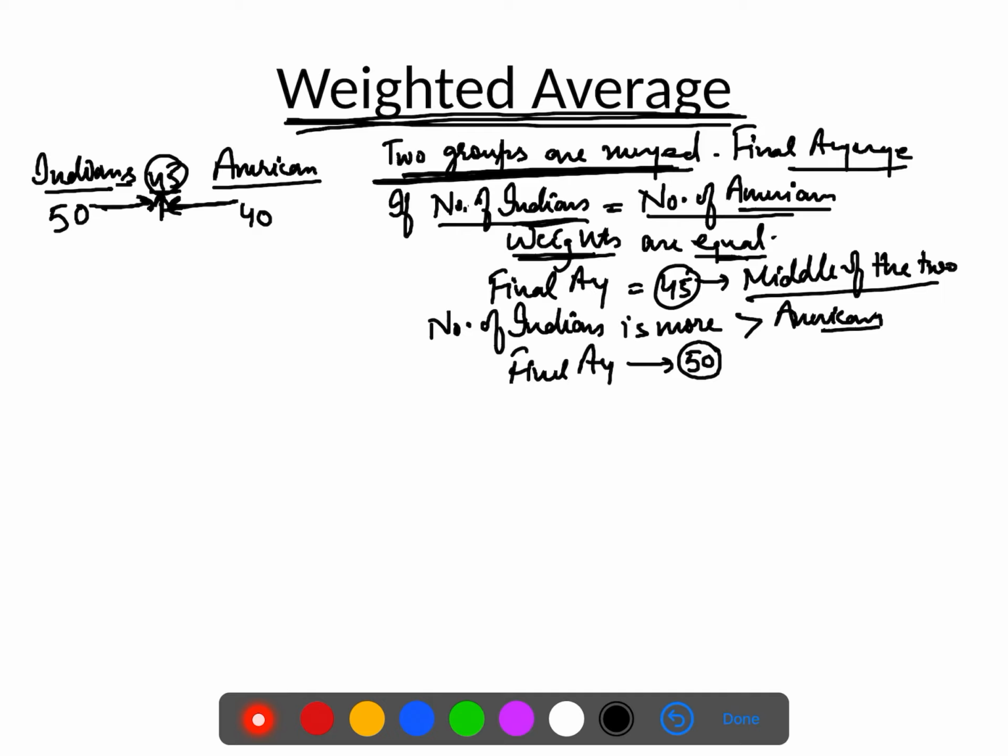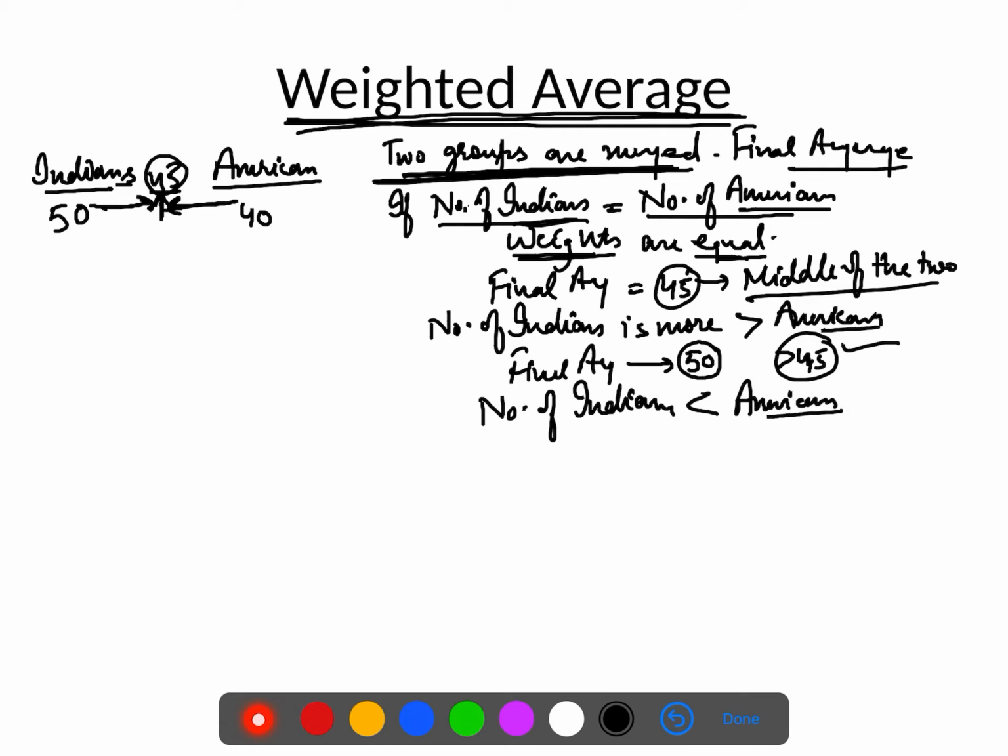Just imagine one pan has more weight, so the needle will shift towards that pan. That means the average will become more than 45. So from 45, from the midpoint, it will shift towards 50. So it will be more. And if the number of Indians is lesser, okay, the number of Indians is smaller as compared to the number of Americans.